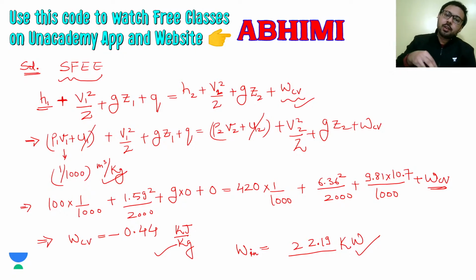But when we are saying work input, that means the minus sign is already obvious, and we are not going to provide an extra minus sign. So work input 22.19, work control volume, if you are putting that in this equation, put the minus sign in this work input, then solve the equation. So that will be the answer here.